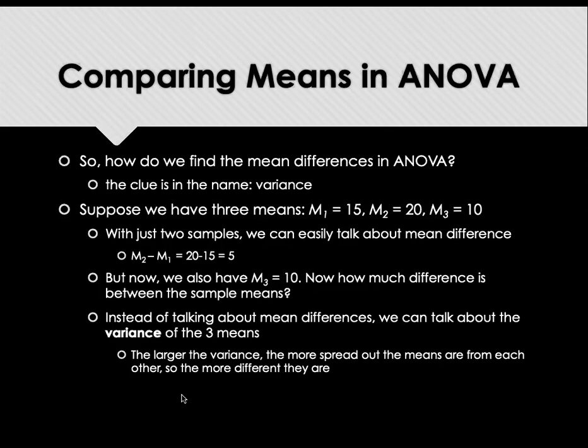And the larger the variance, the more spread out the means are from each other, so the more different they are. If you remember, we talked about variance very early on in the class. I don't know if it was chapter 1, but it was 1 or 2. It was pretty early on. We talked about the concept of variance, and we're going to return to that now. We're going to be looking at the variance of these means. So 15, 20, and 10, what's the variance in those numbers?